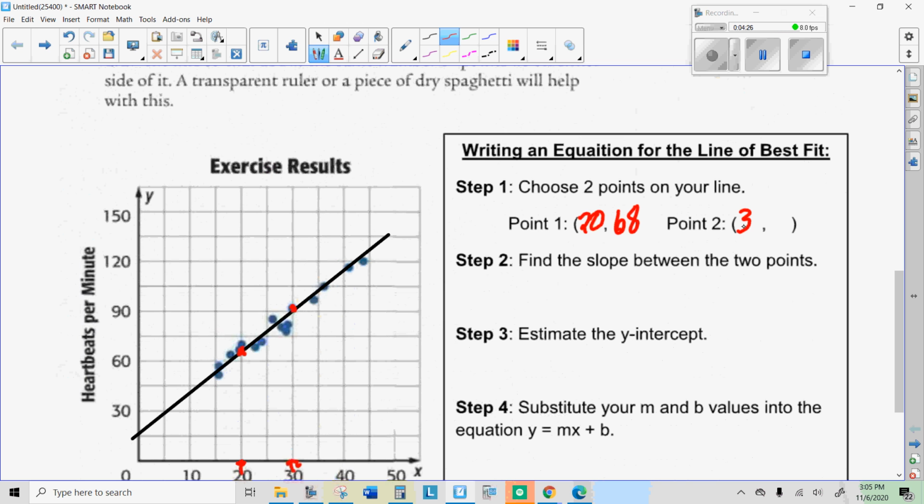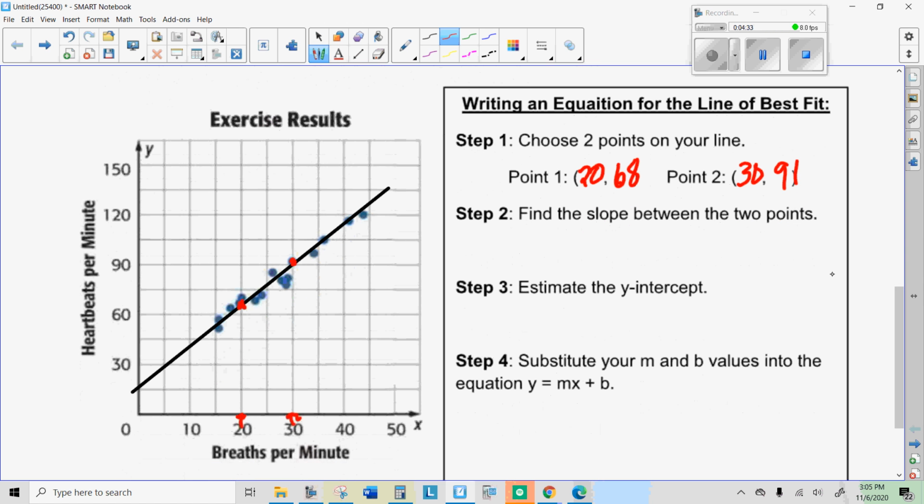Now you could pick different points and your slope would probably be about the same as long as your line kind of averages out those points in the way mine did. So I need to find the slope between those 2 points. I'm going to do 91 minus 68 over 30 minus 20. That's 10, and 91 minus 70 would be 21, plus 2 is 23, over 10.